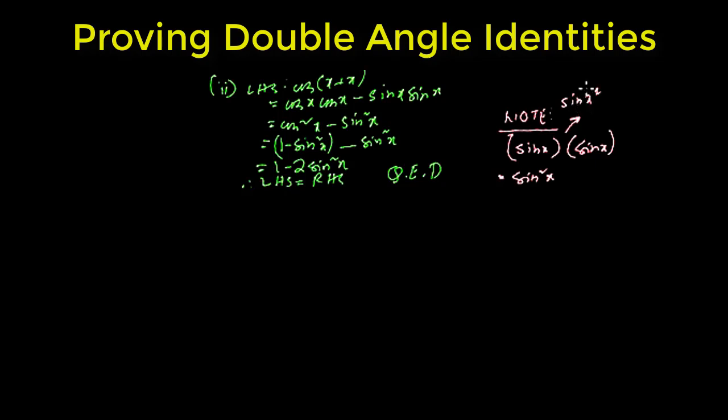No, the angle cannot be changed because the angle is the same. So this is wrong. It is not the angle that is being multiplied. Even sine cubed means sine x multiplied by sine x multiplied by sine x. It is completely different to sine x cubed, which means sine ratio of the angle, which is x cubed. So this is important to remember how the square of a sine is expressed.